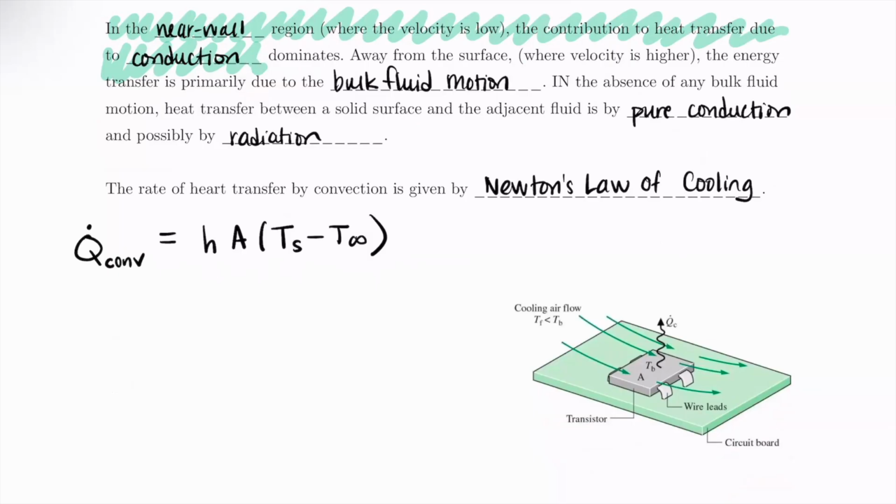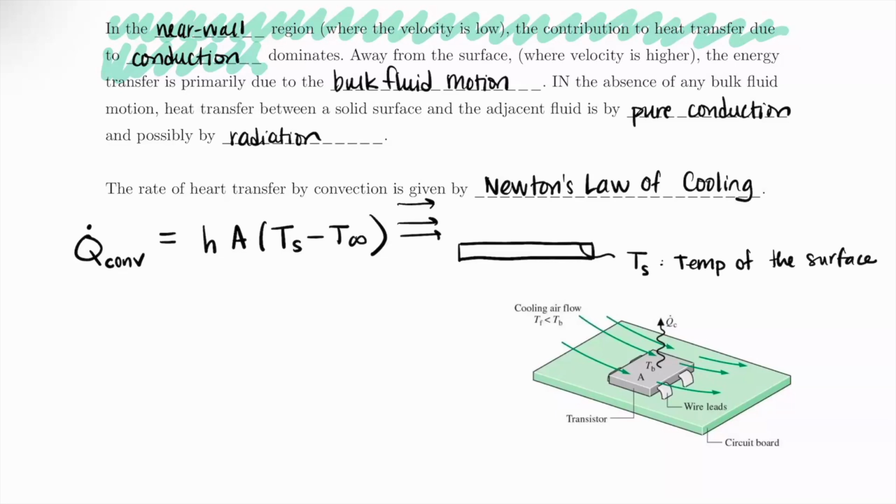All right, so if we have a plate and a fluid flow going over top of it, if this is the temperature of our surface, the temperature of our solid that's contacting the fluid, we're going to call this Ts. So this is the temperature of the surface. All right, so that is this term right here.